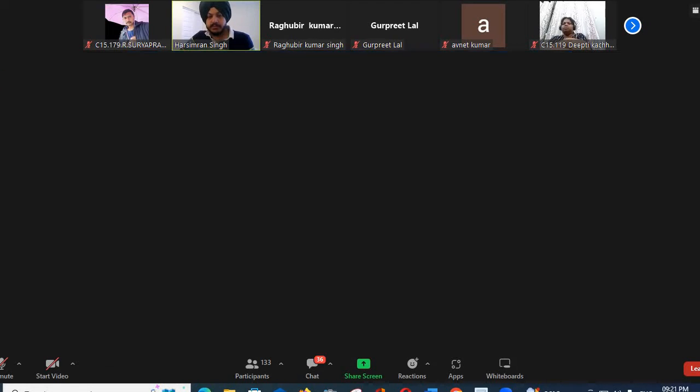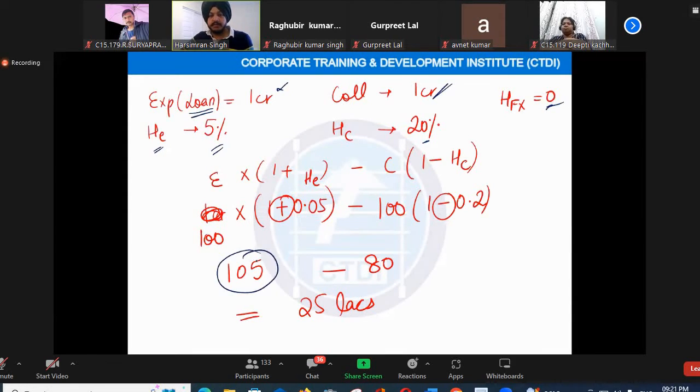So this becomes 105. And for a collateral, keep it at 100 so that you don't have any confusion. On a collateral, this 20% will be reduced. It is 80. So what is your exposure? It is 25 lakhs. Is it clear?